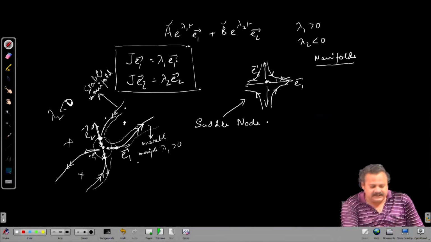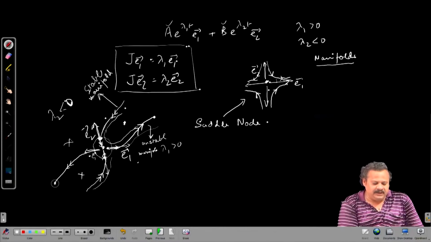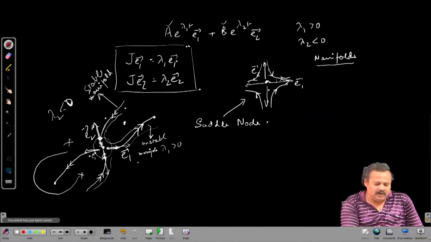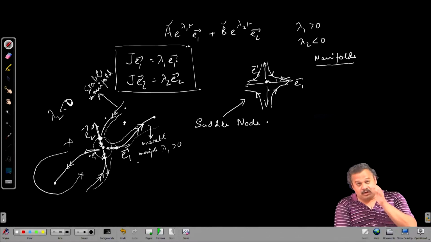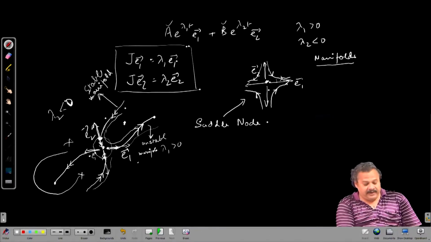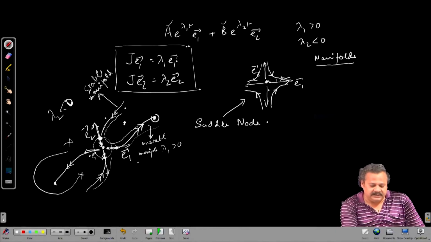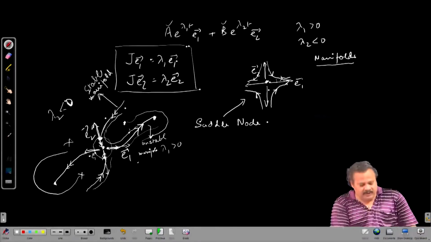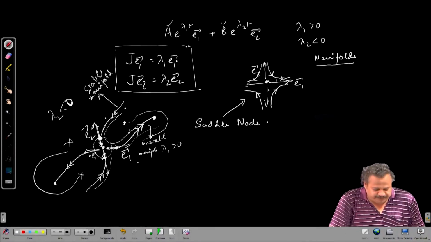Of course, if this ends up on a stable node, then the trajectory can go around and go there. So it is not crossing the manifold. The manifold is ending at this stable node, and the trajectory from here may go into this region, but that may not necessarily be the case.